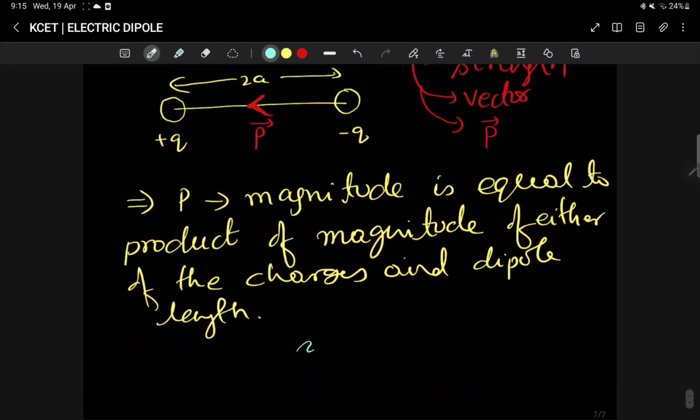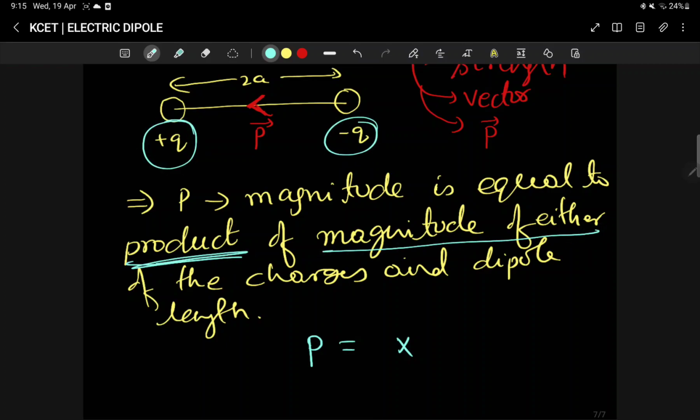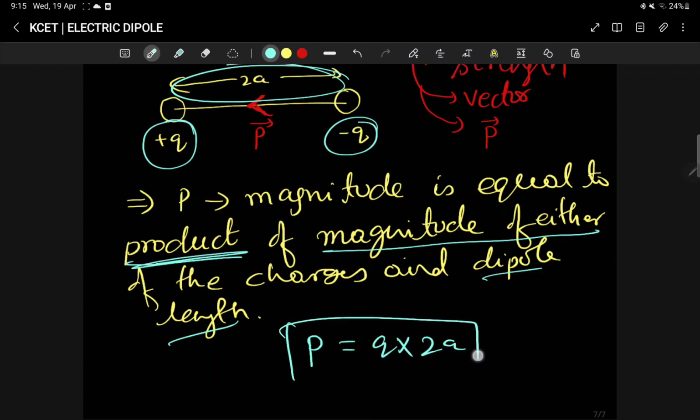So mathematically, if I write, you can easily understand. Electric dipole moment is equal to product of magnitude of any one of the charges. You can take this one or this one, but you have to take magnitude. Let me write Q. And the dipole length, 2a. So this is called electric dipole moment.